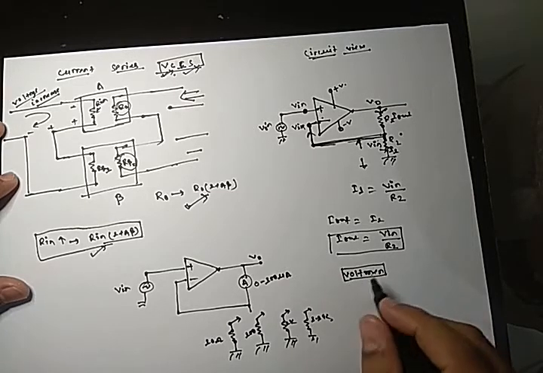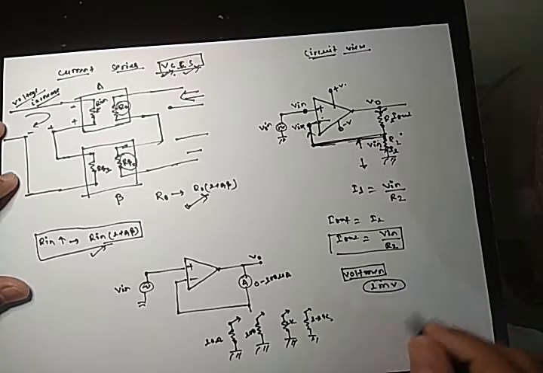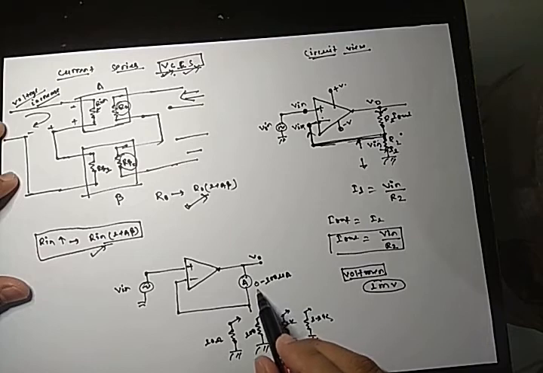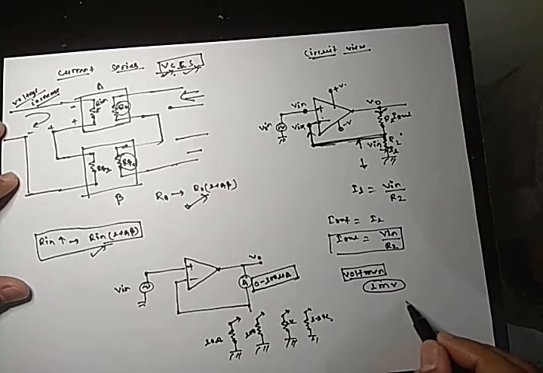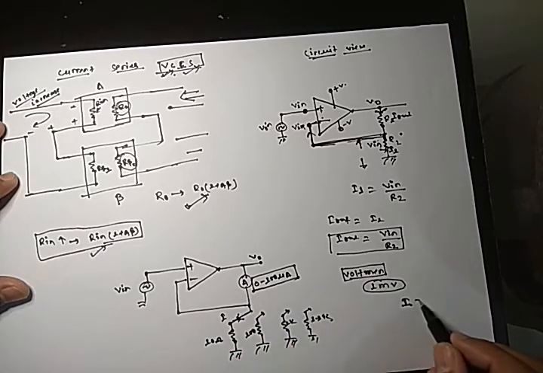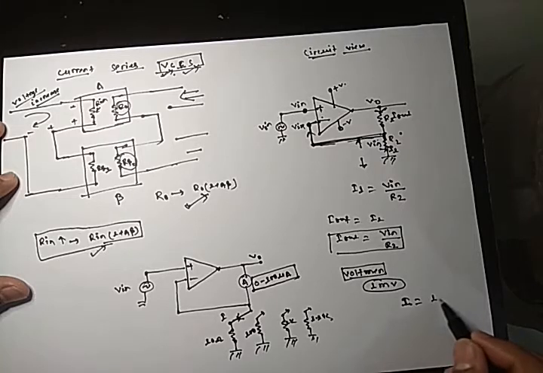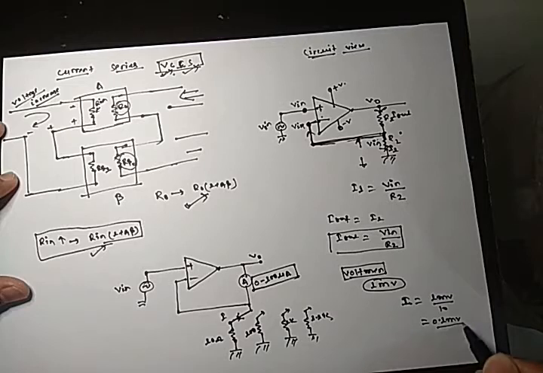Suppose we have applied 1 millivolt, then what will be the reading of this ammeter? Because this is a range of 0 to 100 microampere, 1 millivolt will give the current. Doing the current flowing across this one, it will be 1 millivolt by 10, 1 milliampere.